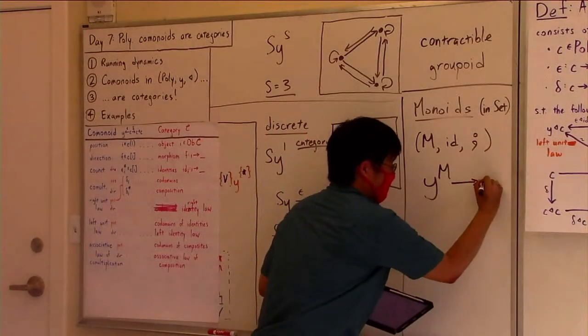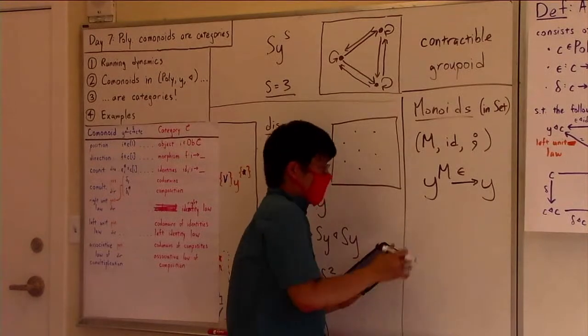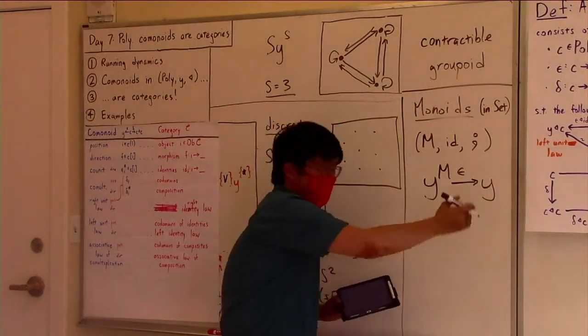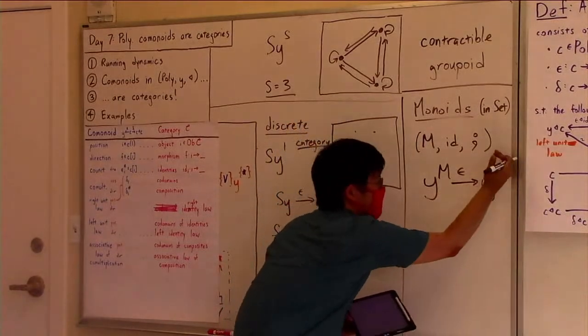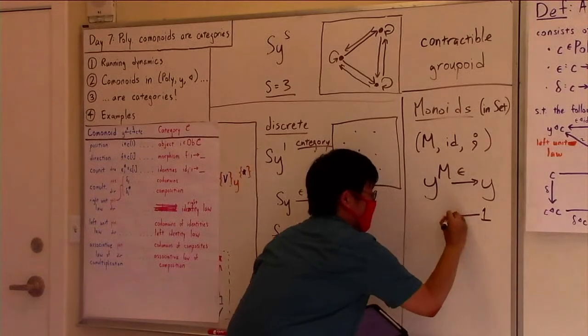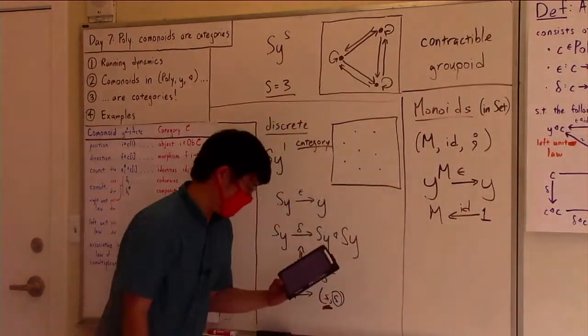And so what's this? Well, we have to have a co-unit that's a map from Y to the M to Y, but there's no data on positions, and it's just a map from 1 to M backwards on directions. Well, this just specifies the identity.